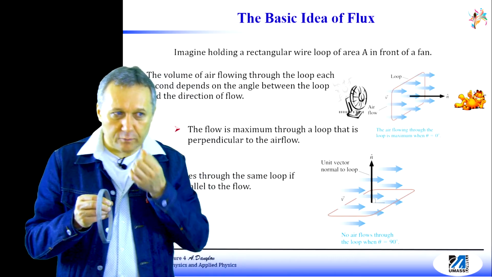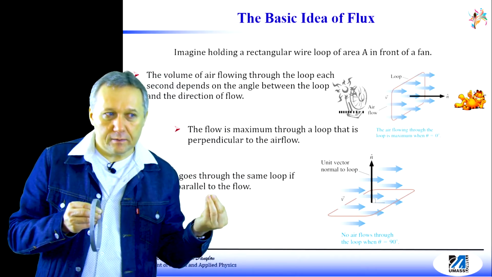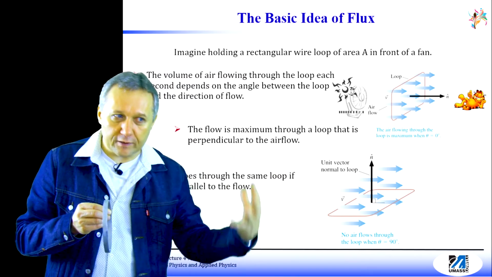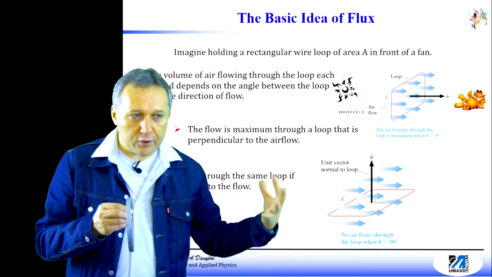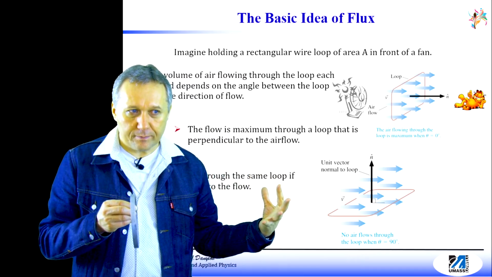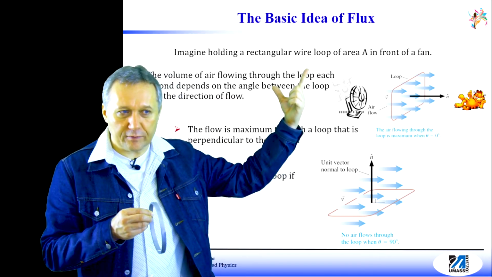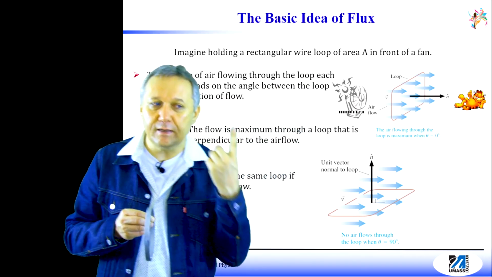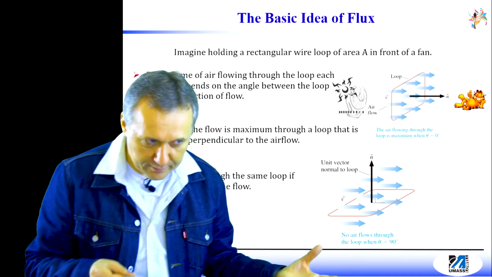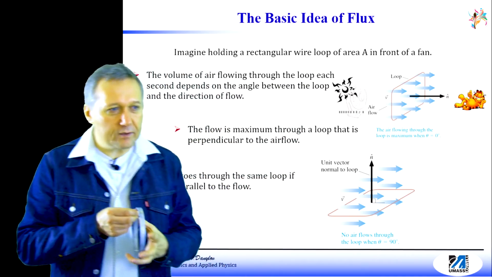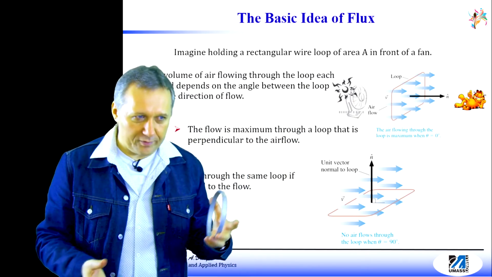So first of all, the field must be involved. The stronger the field, the larger the electric flux. So the first quantity which must be involved in the definition of the electric flux is the electric field. Makes sense.